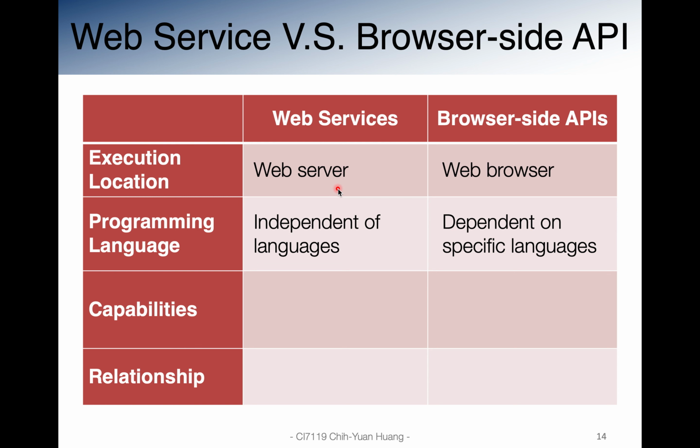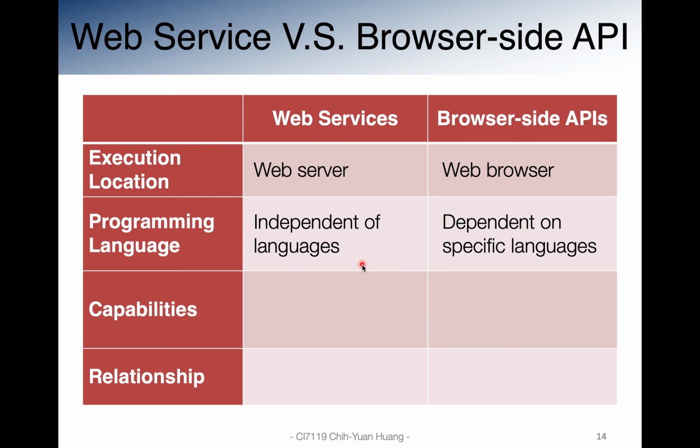In terms of the programming language, web services usually define a web protocol API. So pretty much all types of programming languages can be utilized to communicate with the web services, since different programming languages usually have support for web communication. So a web service API is pretty independent of the programming languages.